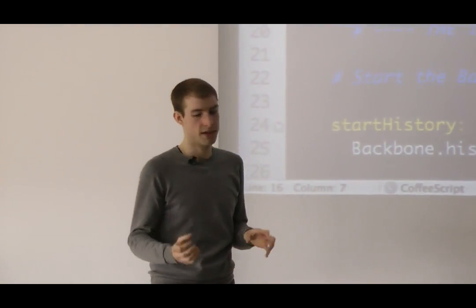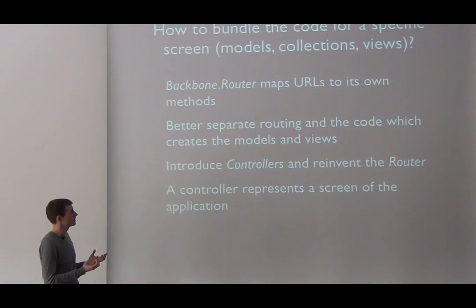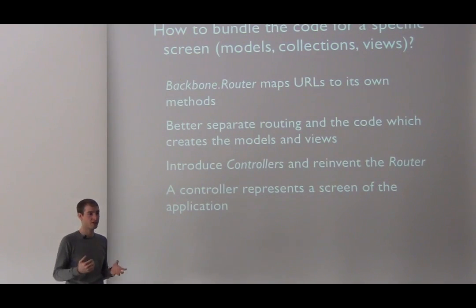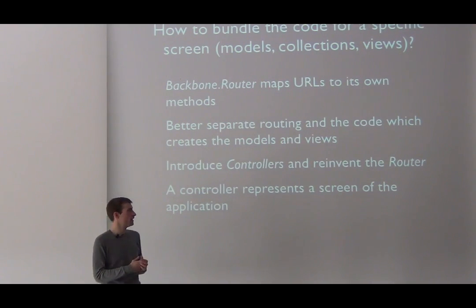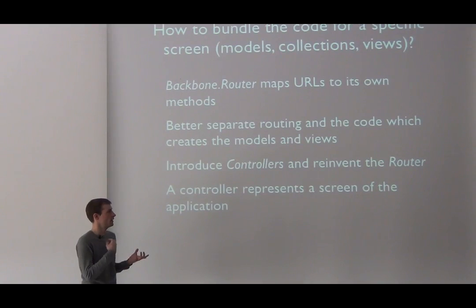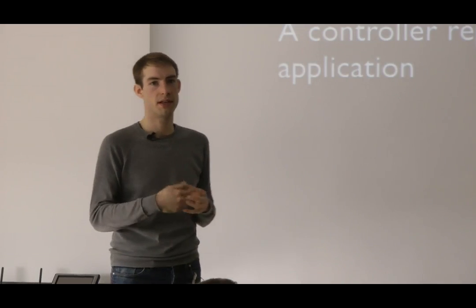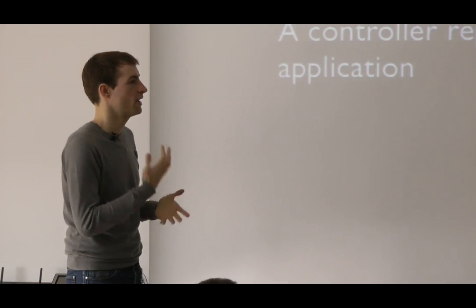As I said, there are no controllers in Backbone. There are just routers. So what we have done is reintroduce controllers, because you need some kind of place where you instantiate models and views. And in our opinion, this is not the router itself, but these are controllers. This is more common in the MVC world.